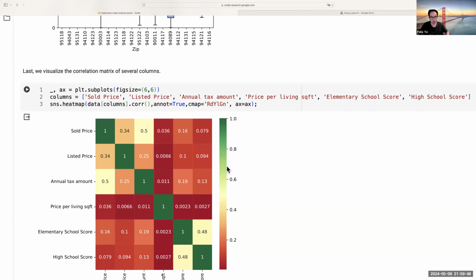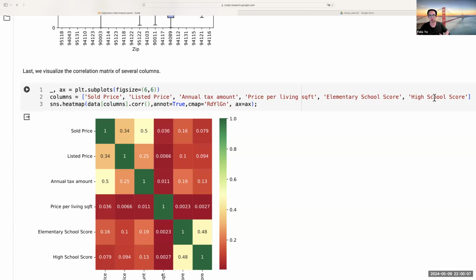Maybe just take one or two out of three if all three are highly correlated. For example, right here, we have sold price, list price, annual tax amount, price per living square feet, elementary school scores, and high school scores.